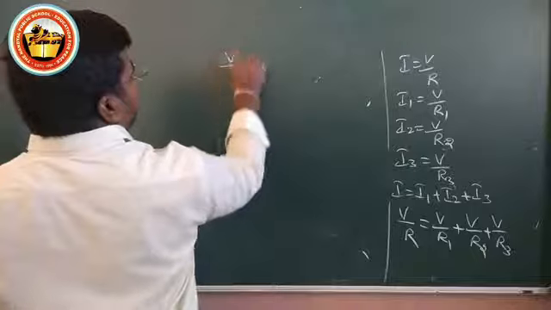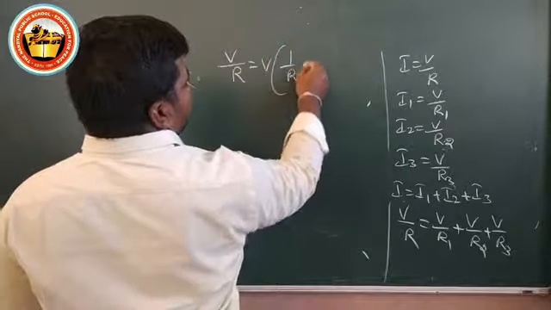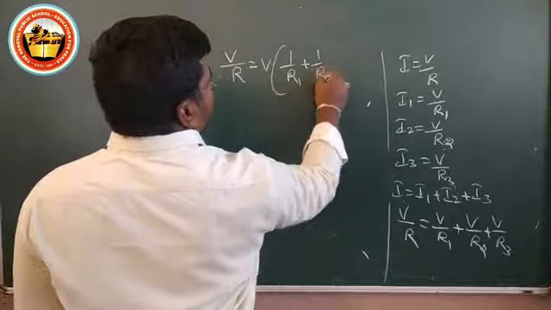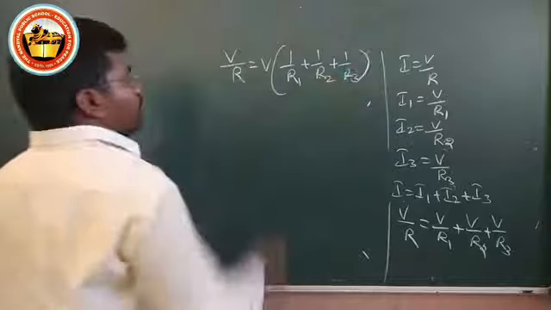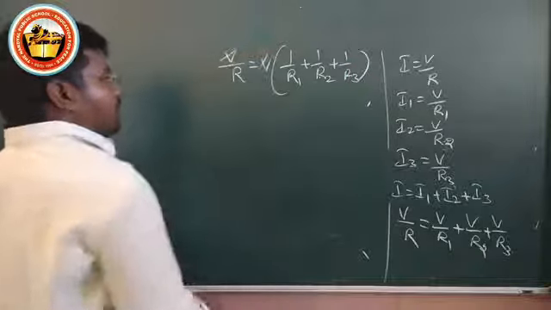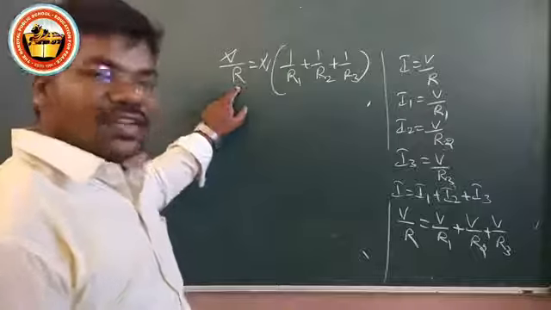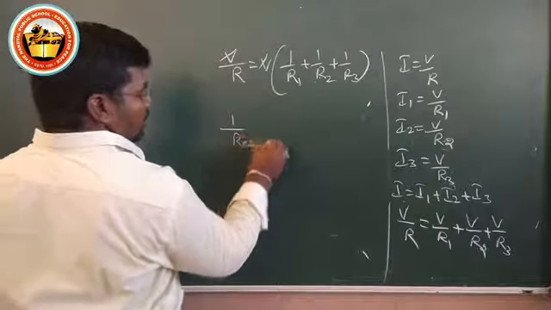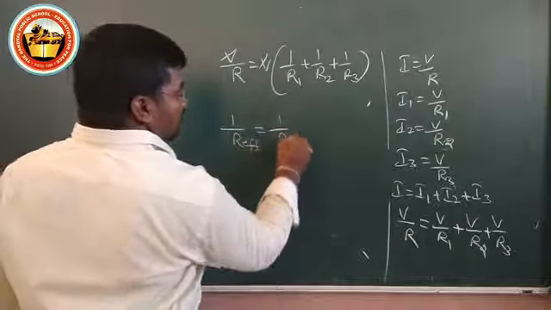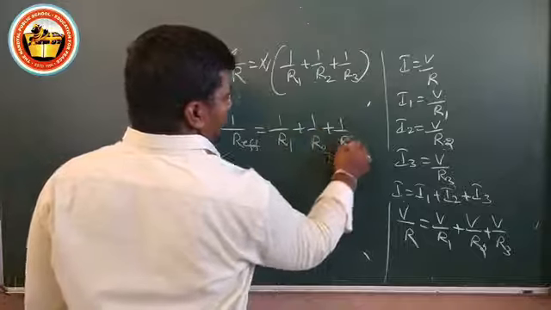So V by R is equal to V into 1 by R1 plus 1 by R2 plus 1 by R3.